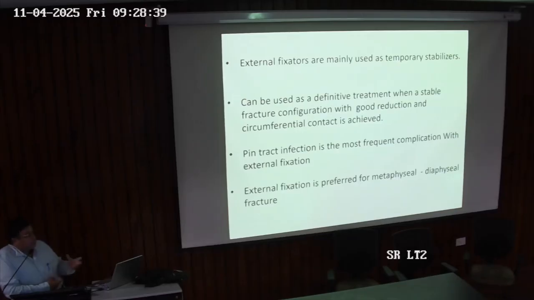So it maintains reduction and keeps the soft tissue in the anatomical position, and gives the plastic surgeon a space to work on.